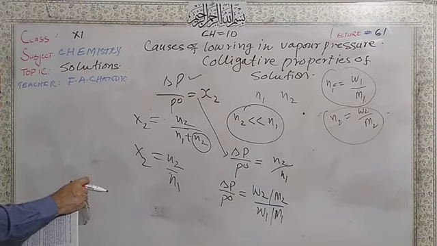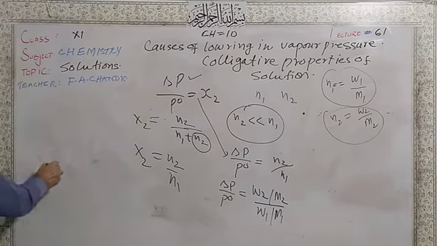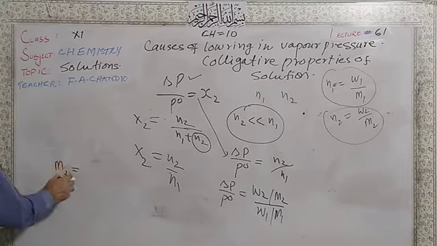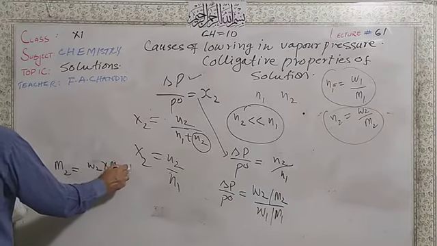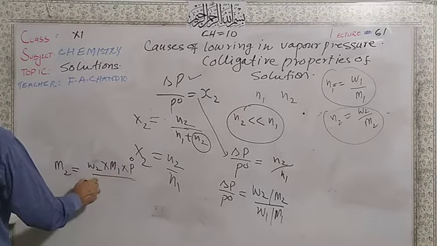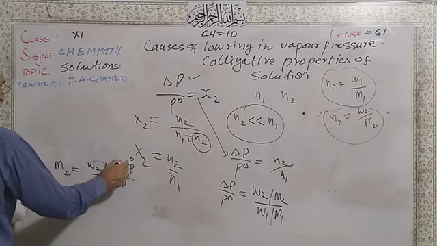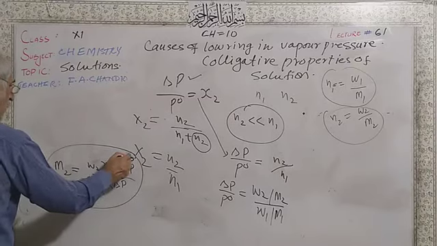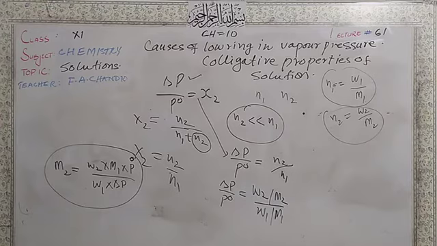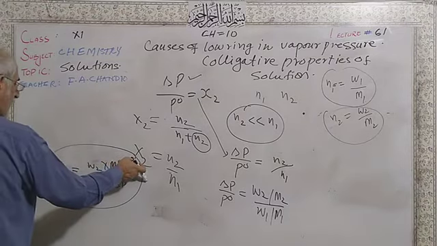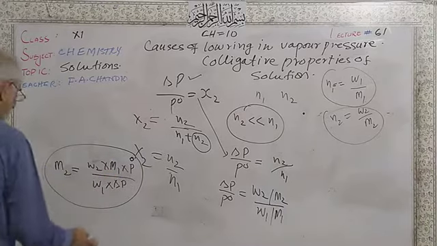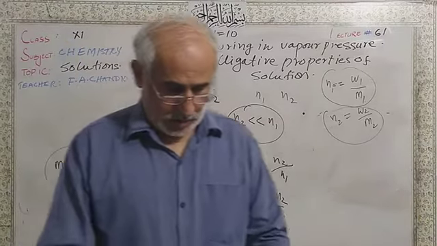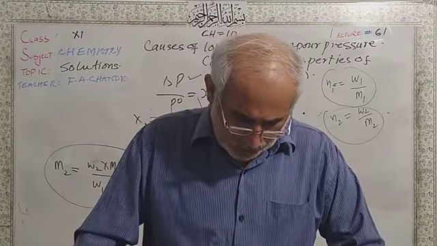So when you calculate the molar mass of the solute M2, it will be W2 multiplied by M1 multiplied by P naught divided by W1 multiplied by delta P. Here you need the molar mass of the solvent, the vapor pressure of the pure solvent P naught, the weight of the solute, and delta P. So these are the formulas you have to use.